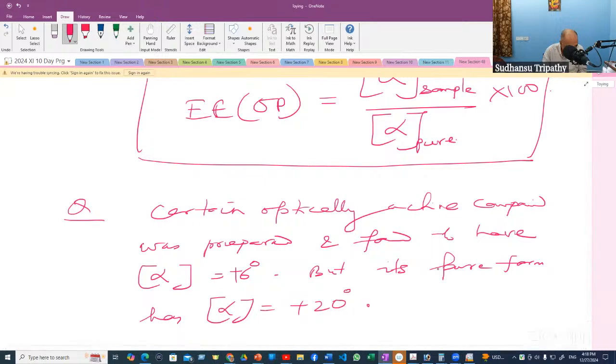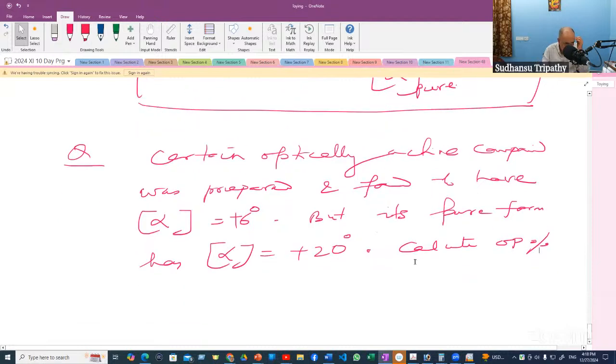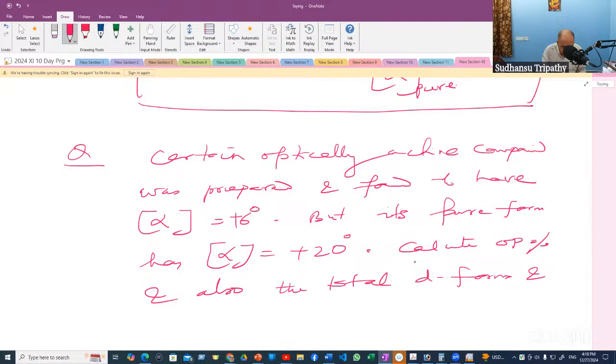Calculate the optical purity percentage, same as EE, and also the total D forms and L forms present in the mixture.